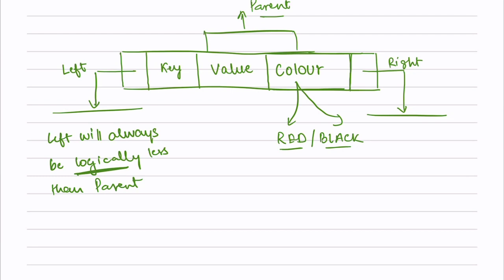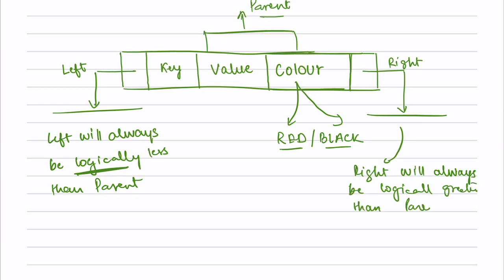And obviously right will always be logically greater than the parent, right? So I'll also advise you to read about self-balancing binary search trees, because that's a very good topic to study, and a lot of questions are asked actually.